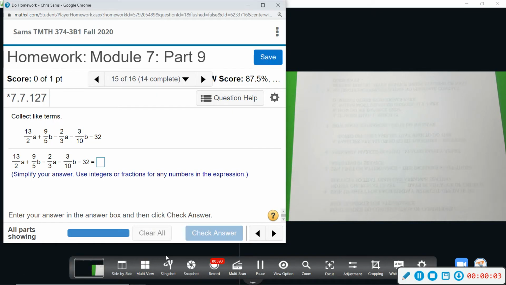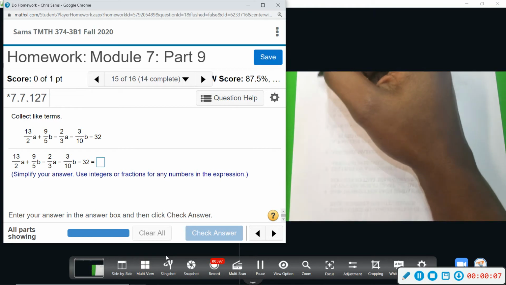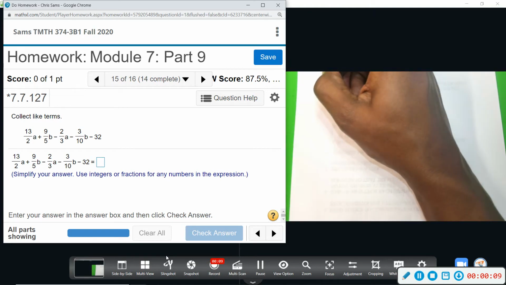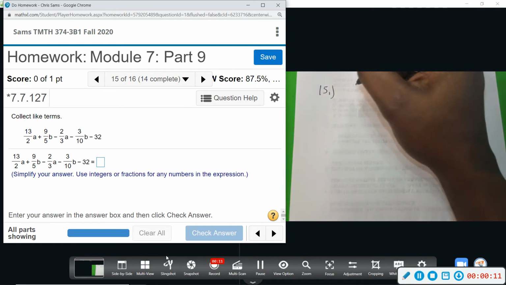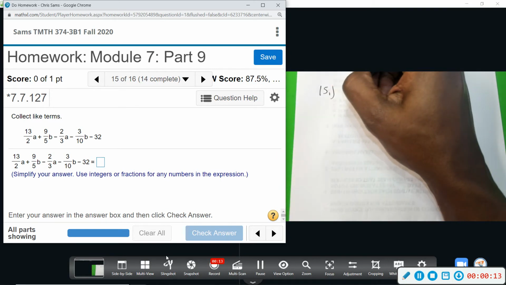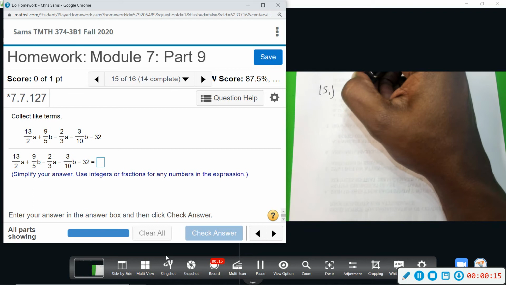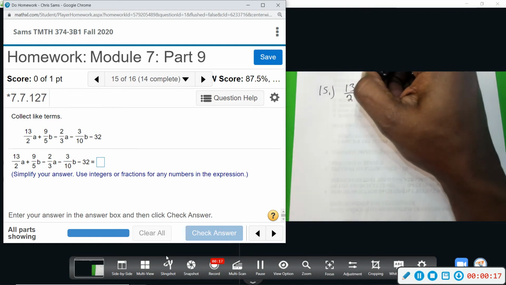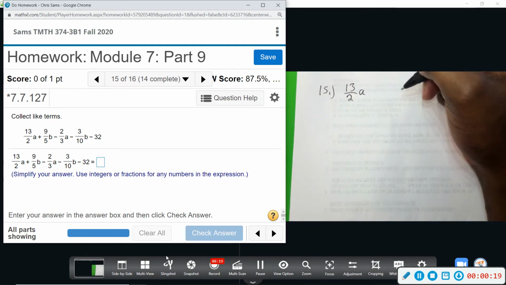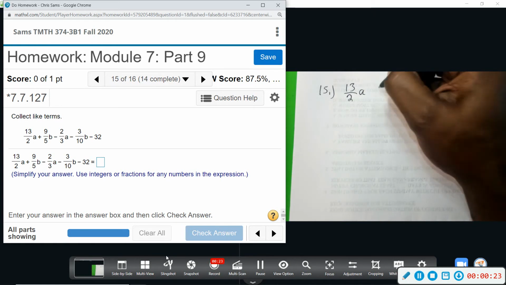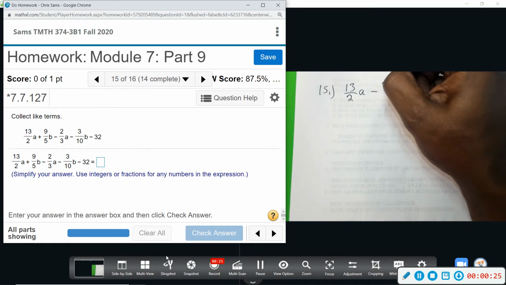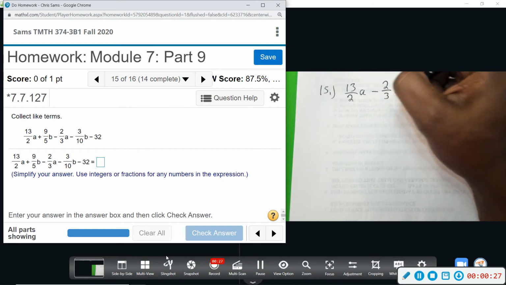Number 15, I'm going to be combining like terms here, so we got some more rational expressions. 13 divided by 2a. And what other a terms do we have? 2 over 3a is negative, so minus 2 over 3a.